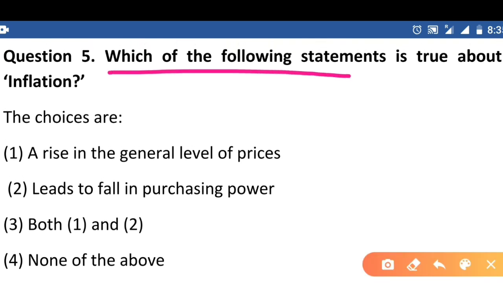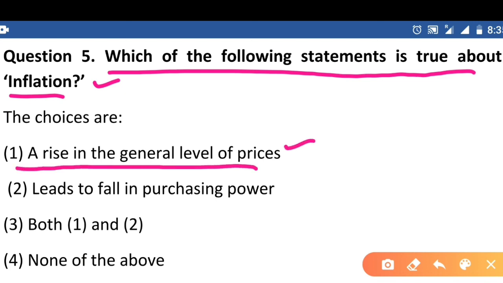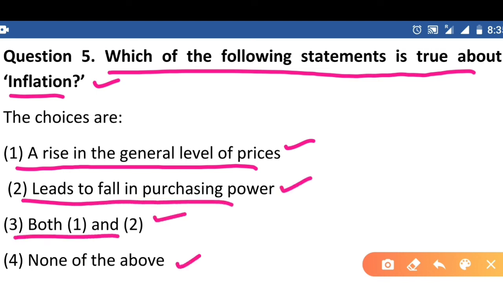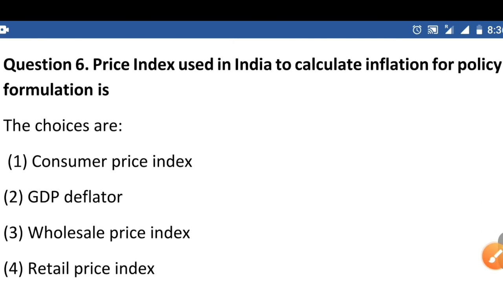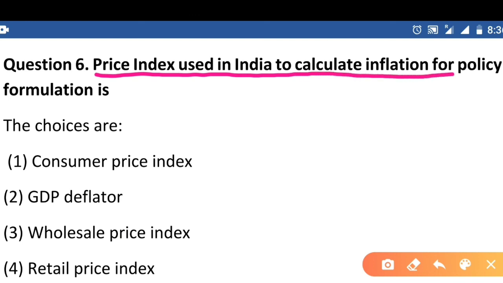Which of the following statements is true about inflation? Select the right choice: a rise in the general level of prices, lead to fall in purchasing power, both 1 and 2, none of the above. Price index is used in India to calculate inflation for policy formulation. So in India we use one price index for policy formation.